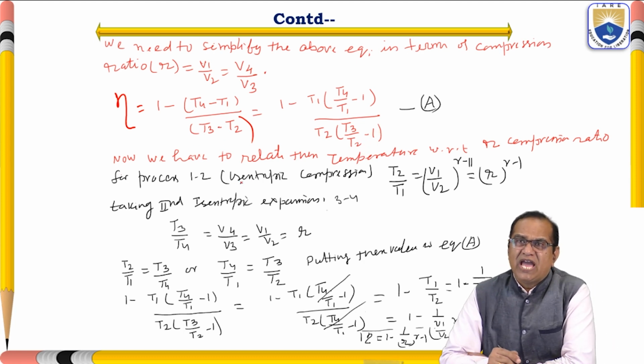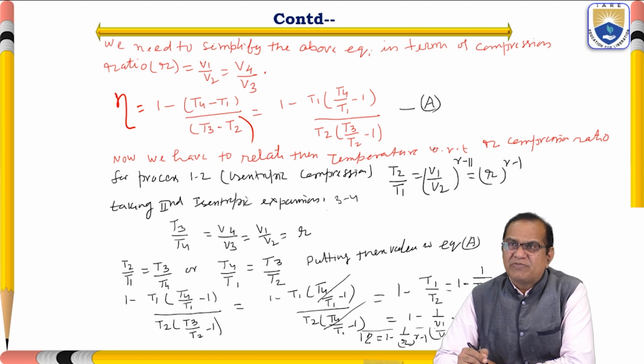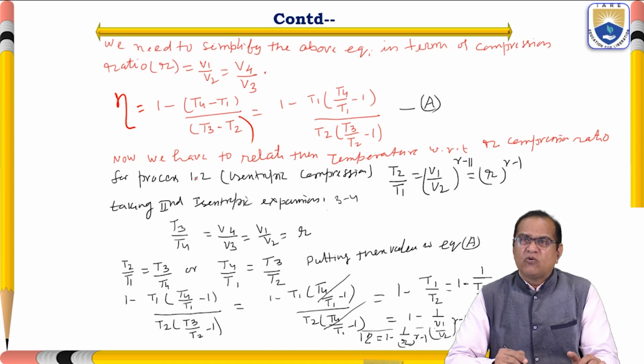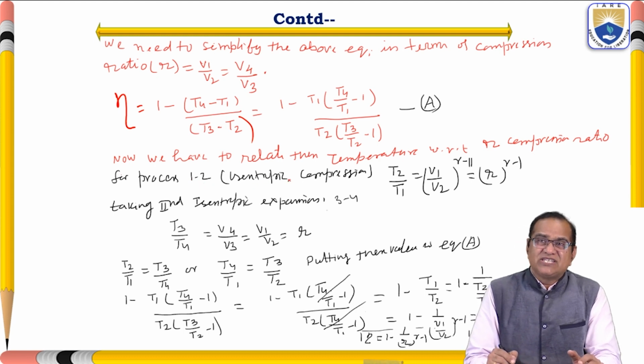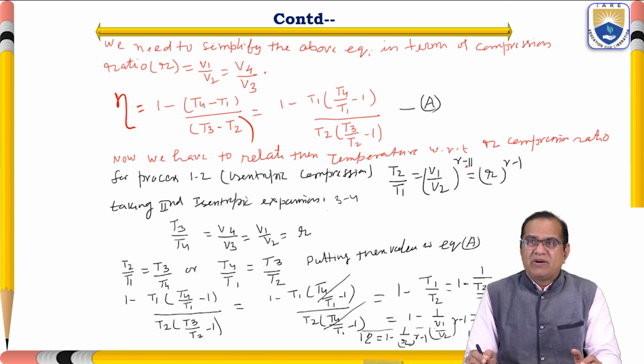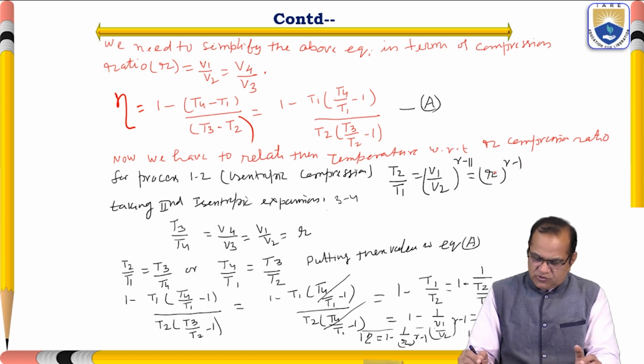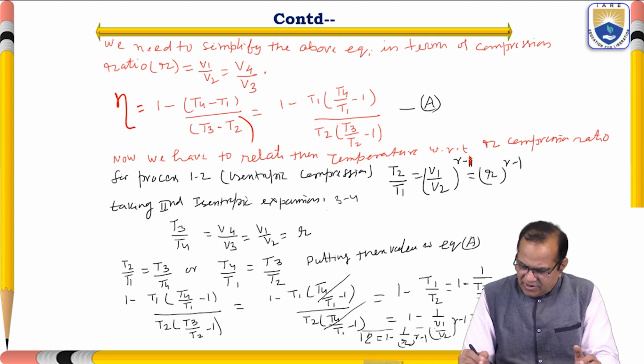Now we have to relate these temperatures with respect to R, the compression ratio, from process 1-2, which is the isentropic compression. We know that in isentropic compression, T2 by T1 is equal to (V1 by V2) to the power gamma minus 1. So V1 by V2 is R, and this is R to the power gamma minus 1.